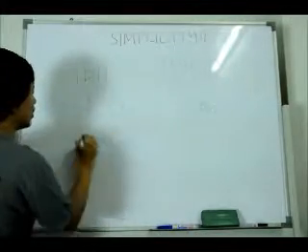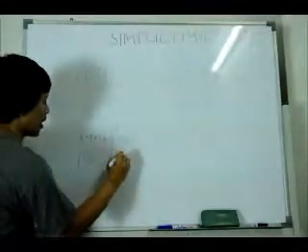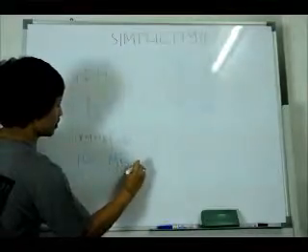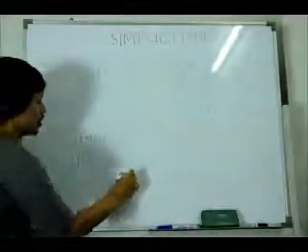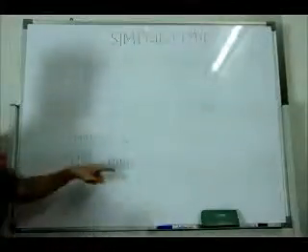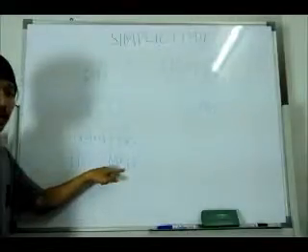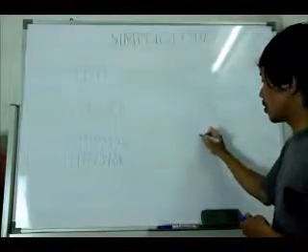Bits are commonly used for transfer rate, the transfer of data. For example, your modem might be 100 megabits per second. So for transfer rate, we use bits, which is denoted by a small b. Whereas a byte, which is 8 bits, is commonly used for storage.